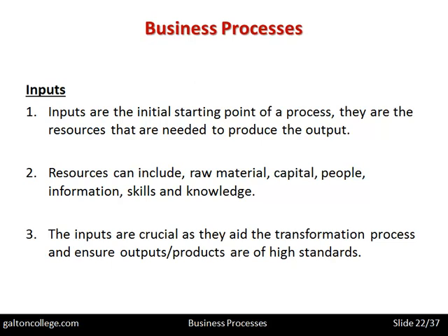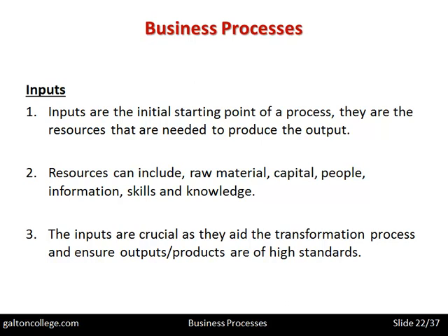The inputs are crucial as they aid the transformation process and ensure outputs and products are of high standards. So the quality of the inputs is also important and needs to be borne in mind. Inputs are not homogeneous. They're not all the same. Not all raw materials are of the same quality. So when we talk about inputs and the transformation of inputs into outputs, we have to be careful. Inputs are highly heterogeneous in many respects.